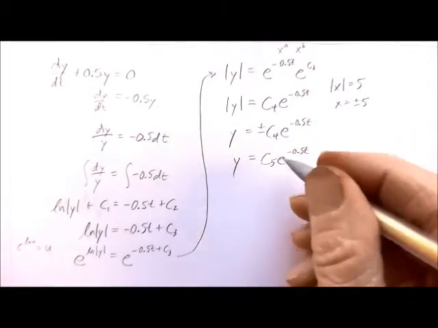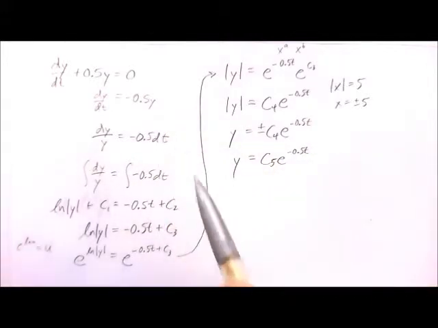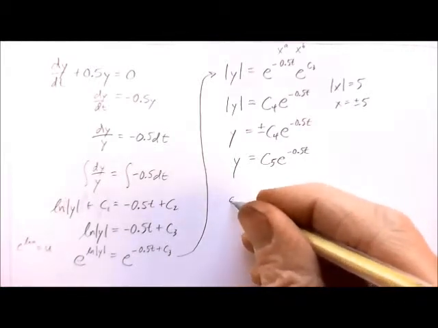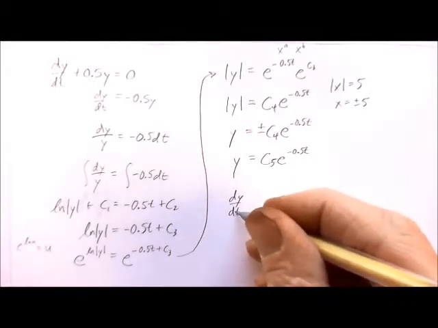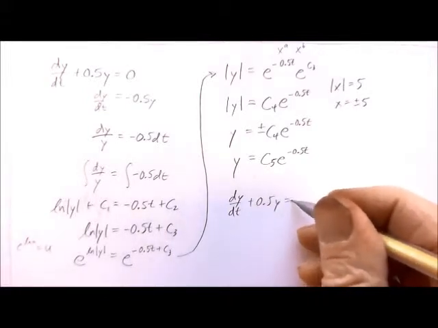Now what this really shows us is why, when we've been solving things like this before, let's go back to our original differential equation. It was dy/dt plus 0.5y equals 0.